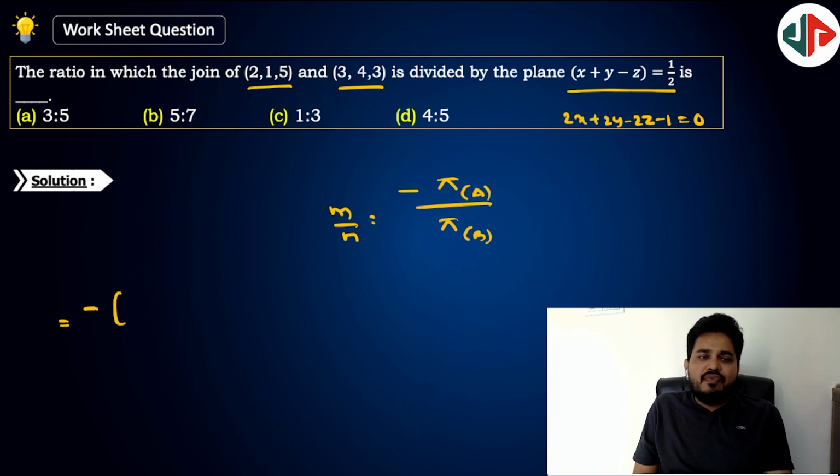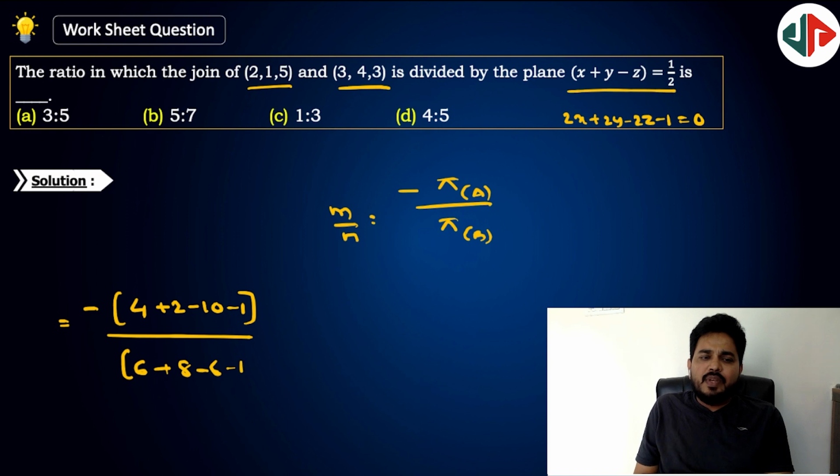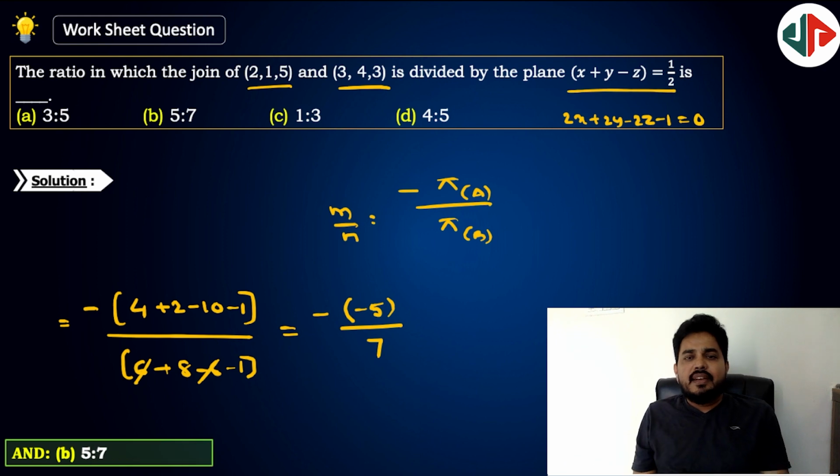So this is 4 plus 2 minus 10 minus 1 by 6 plus 8. I'm substituting this point here. Minus 6 minus 1 is equal to minus of minus 5 by this value, which is 7. So the ratio is 5 is to 7.